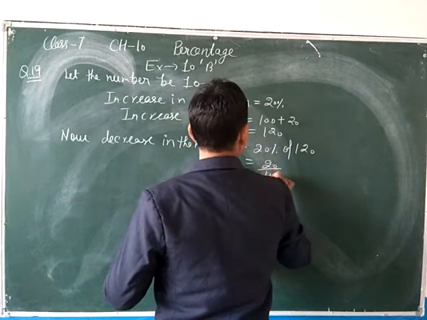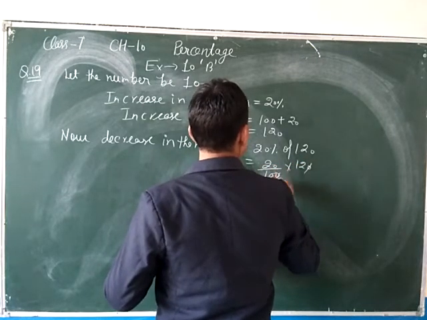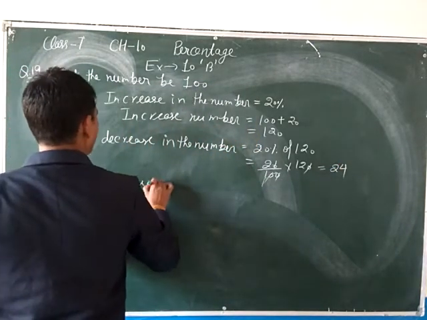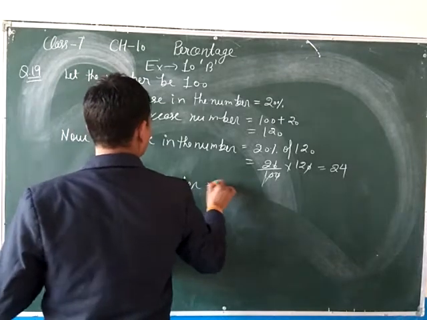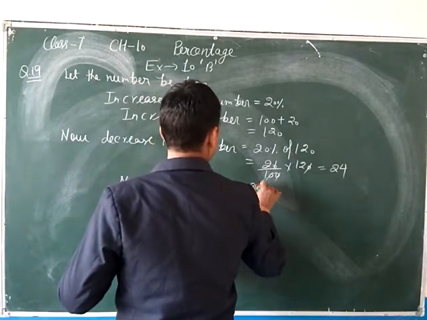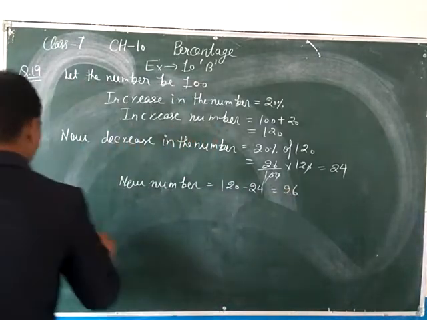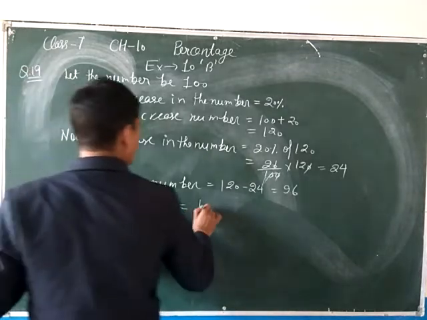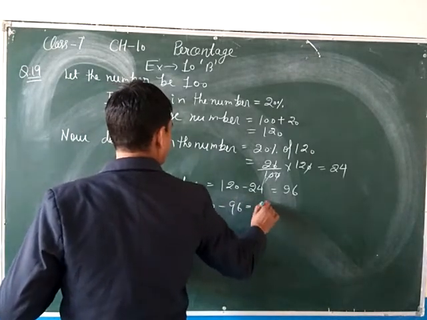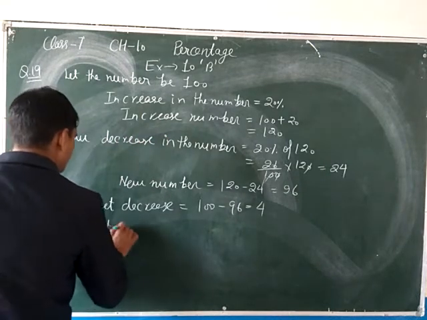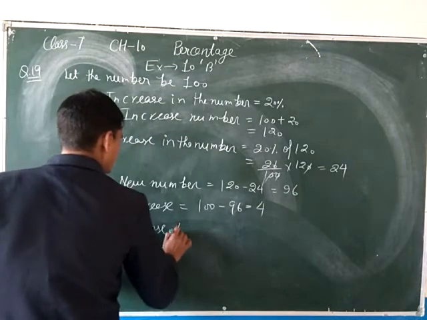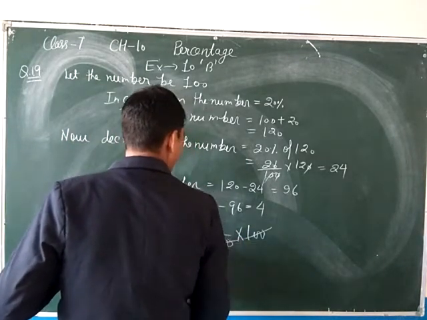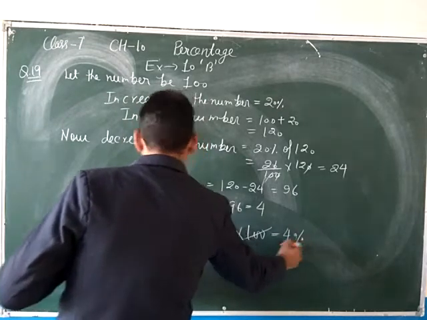So 20 upon 100 multiply 120. Zero cancels zero, 12 twos are 24. So new number equals 120 minus 24, which means 96. So net decrease equals 100 minus 96, just 4. Net decrease percent equals 4 upon 100 multiply 100. So 100 cancels 100, 4%.